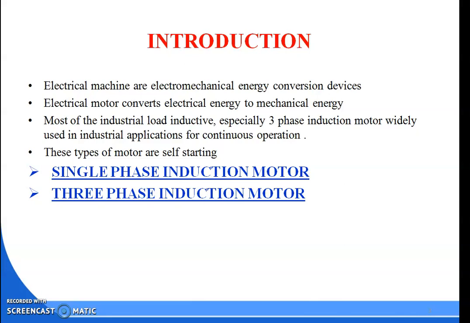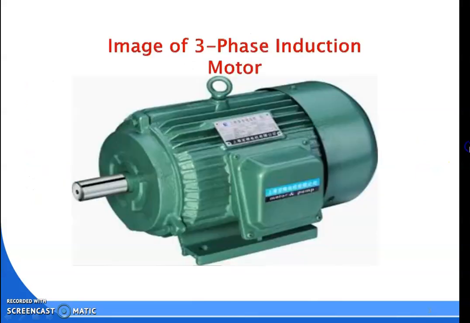As I have already told you, here we will be discussing all the AC machines, AC motors. Generally, the types of AC motors are the single-phase induction motor and the 3-phase induction motor, and chapter 1 consists of the 3-phase induction motor. See, this is the external view or image of a 3-phase induction motor.